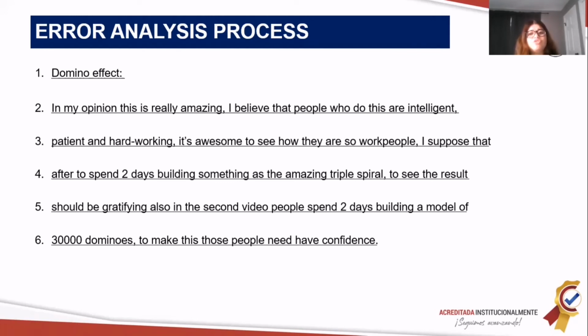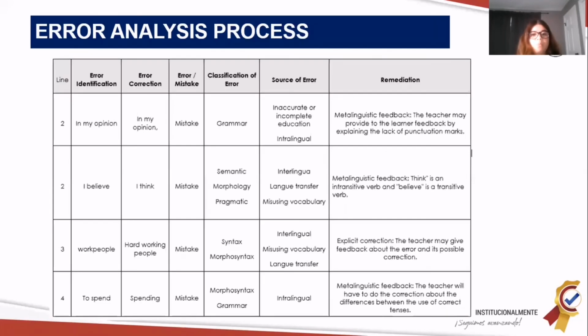To divide them into error or mistake, I focus on whether they were made by accident or intentionally. And depending on what the mistake was, I defined which branch of linguistics was indicated, as well as whether they were interlingual or intralingual.